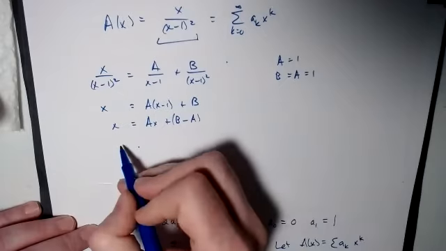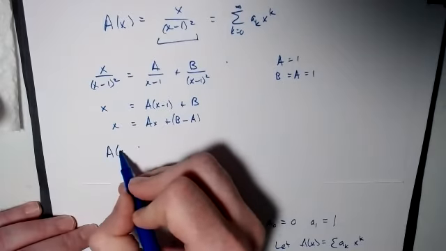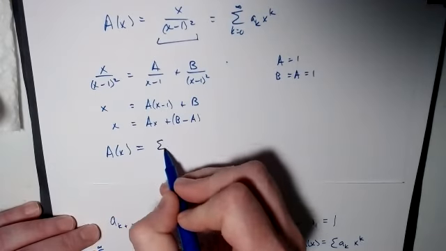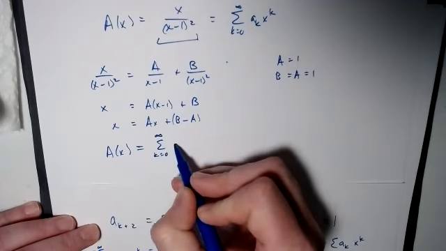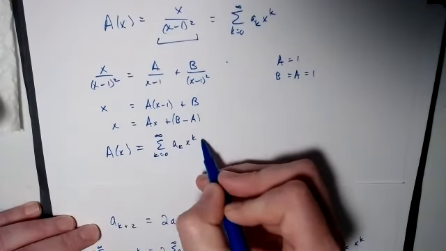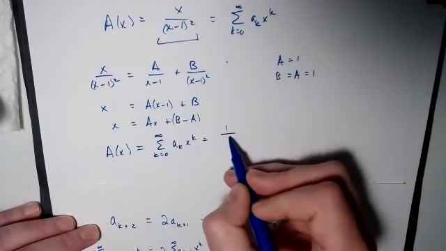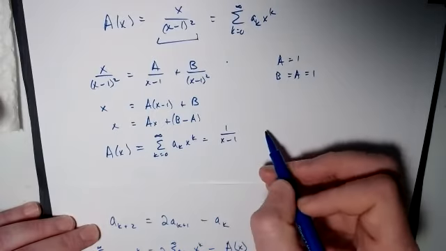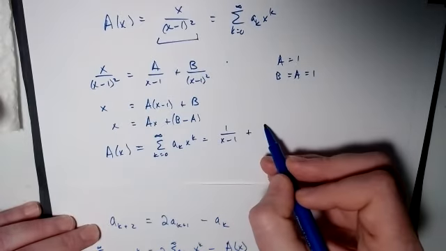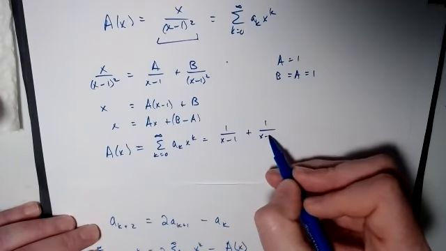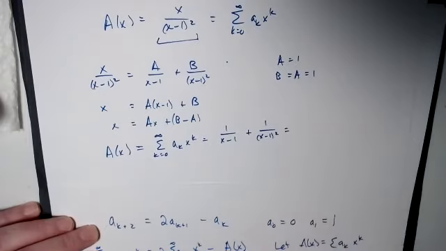So we can rewrite it as A of x equals the sum as k goes from 0 to infinity of a_k x to the k will be equal to 1 over x minus 1 plus 1 over x minus 1 squared.